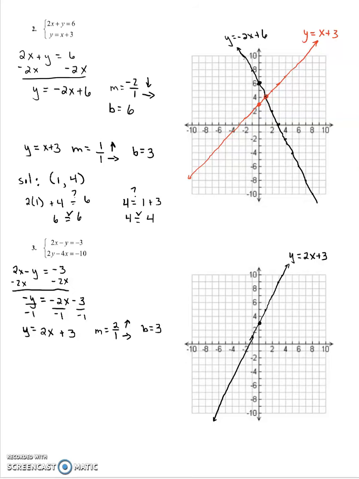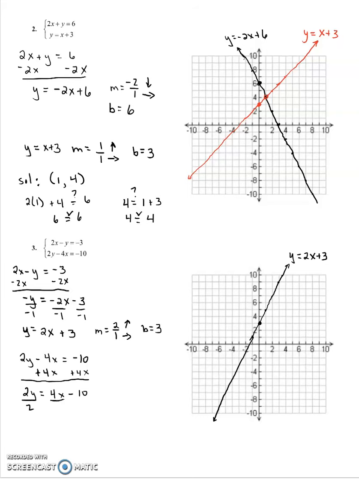Okay, the second one, we have 2y minus 4x equals negative 10. So we're going to add 4x to both sides to begin getting it in slope-intercept form. So we have 2y equals 4x minus 10.